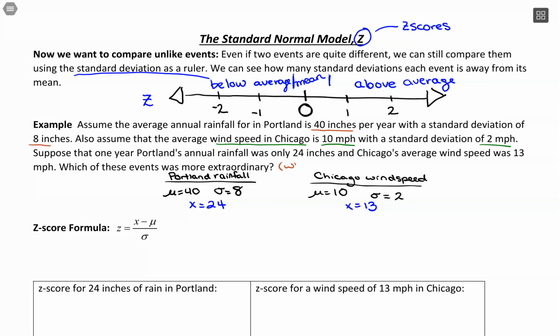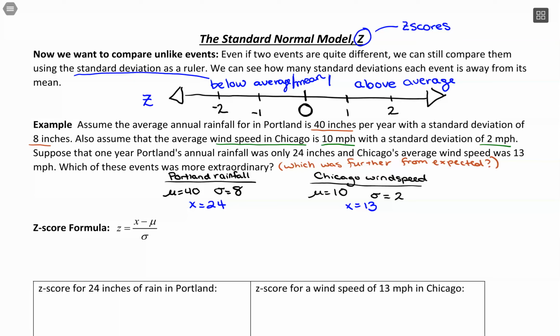You could think of which was further from expected. Further from expected, so further from the mean.